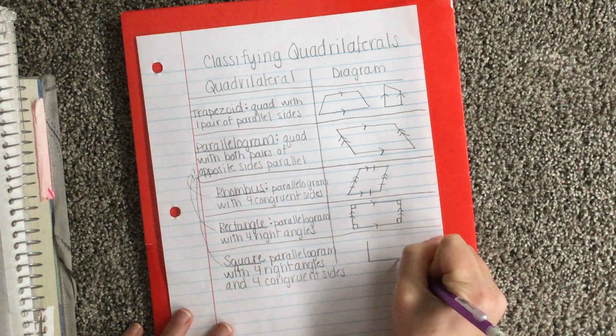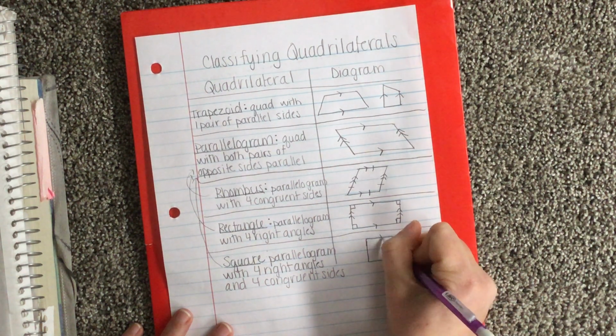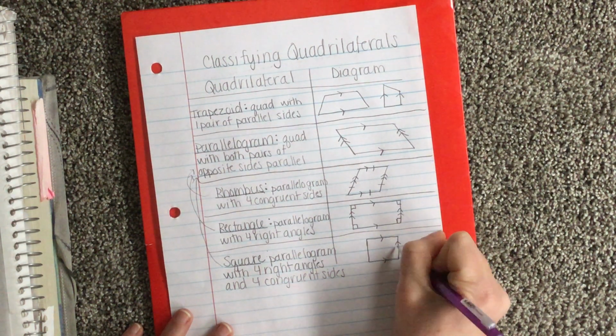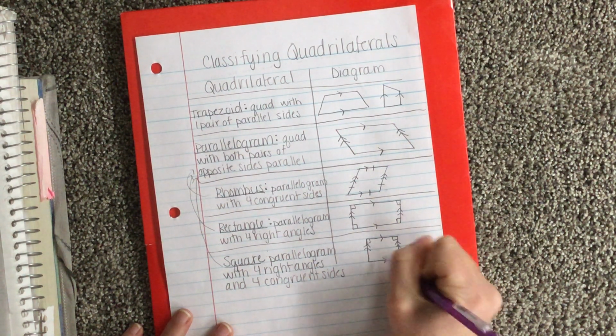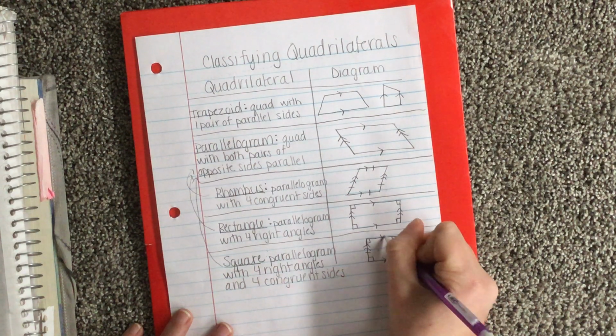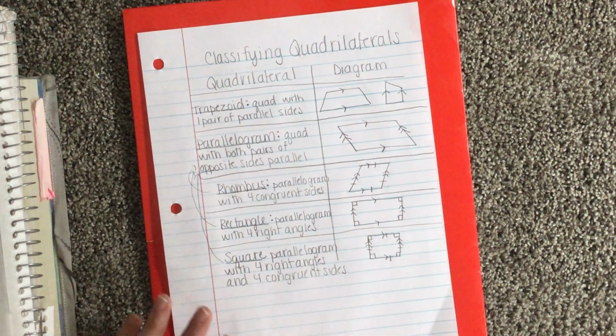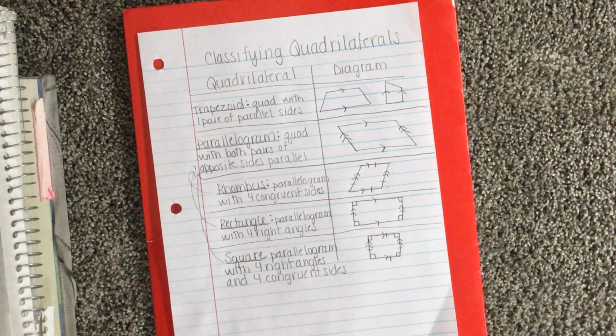So a square looks like this. It's a parallelogram with 4 right angles and 4 congruent sides. So on your homework, they're going to give you a picture of a quadrilateral. You are going to identify it as one of these 5.